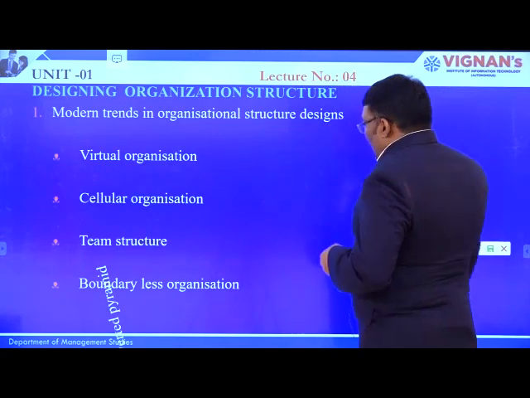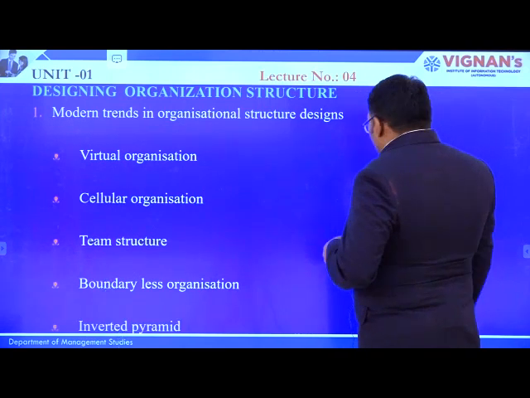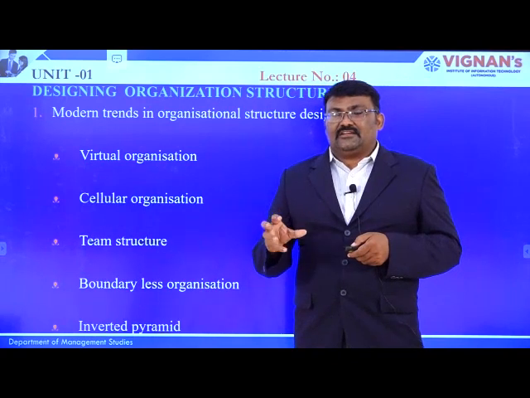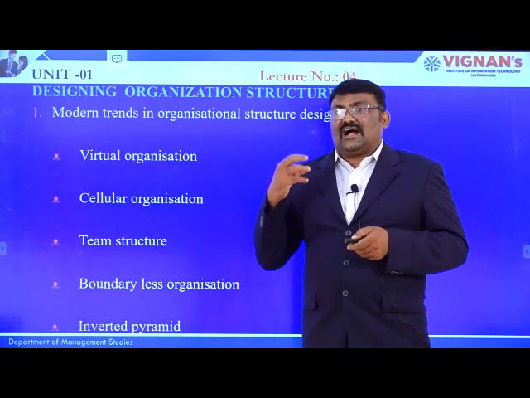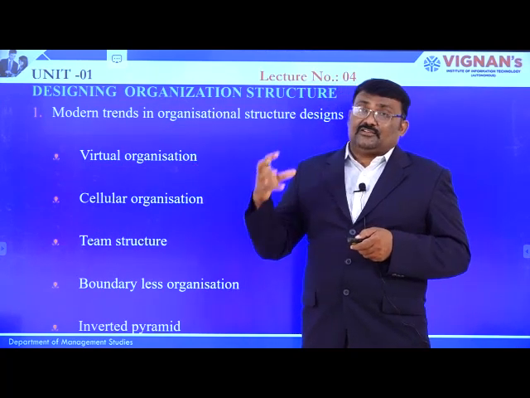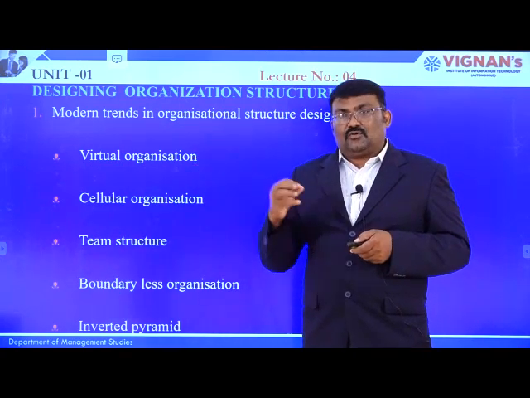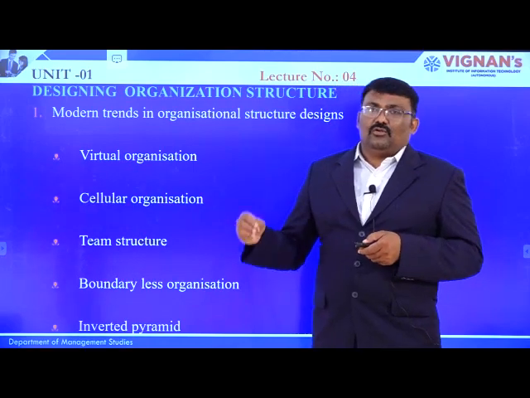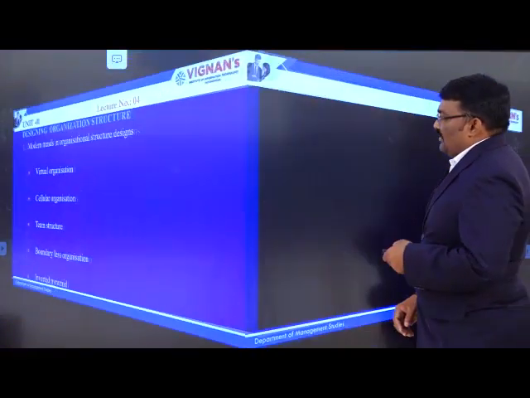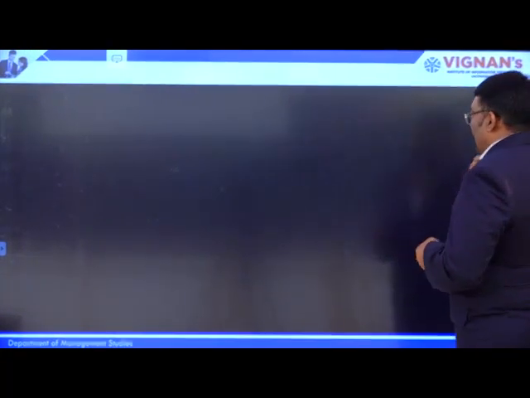Under the inverted pyramid, the coordination will be better, since the low level's understanding is at the level of the top level, and the top level also understands what difficulty there is at the low level. Okay. Now, coming to the next one, we will have a small video.